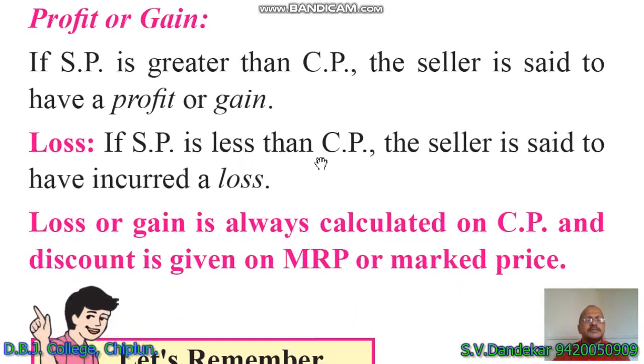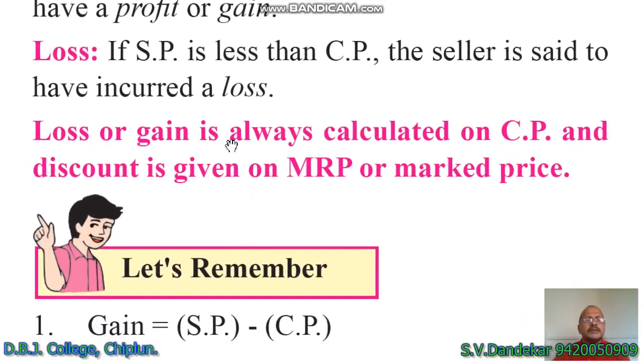If SP is less than CP, then the seller is said to incur a loss. Loss or gain is always calculated on cost price, and discount is given on maximum retail price or marked price on the article.